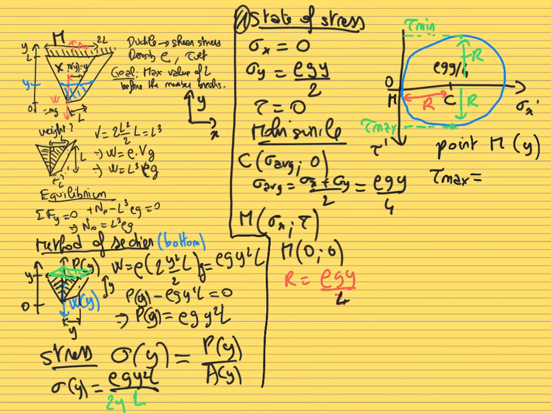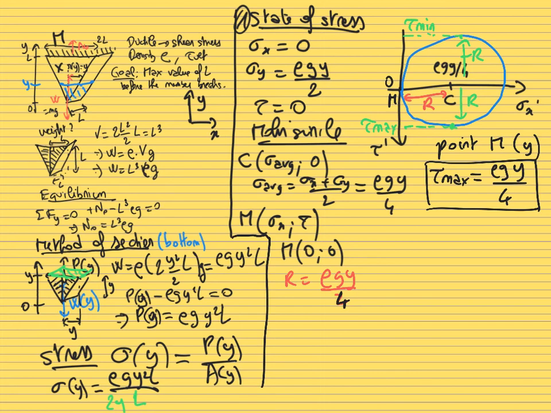I made a mistake here. There is a factor 4, so the radius of this circle in this case is rho times g times y divided by 4. That gives you the maximum shear stress at any point M belonging to this member, which depends on the position y.